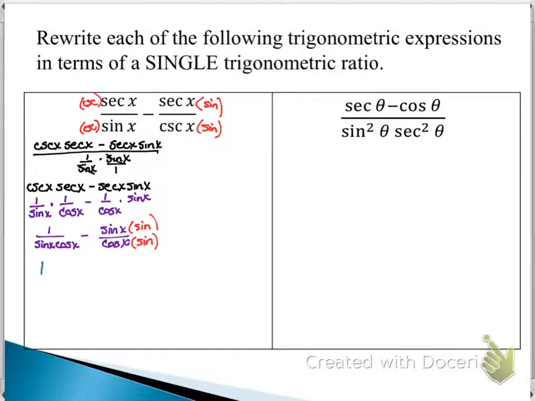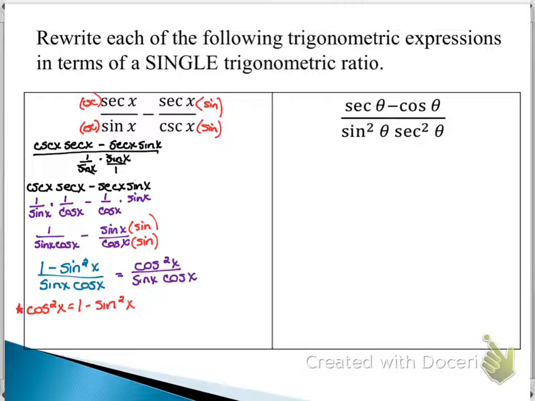So now I've got 1 minus sine squared x over sine x cosine x. So remember the identity where cosine squared x equals 1 minus sine squared x. So then this would end up being cosine squared x over sine x cosine x.